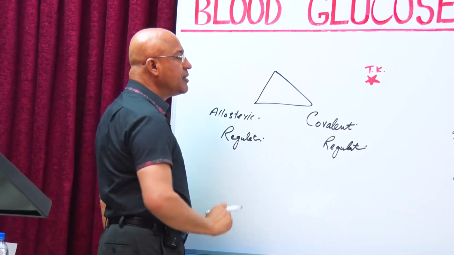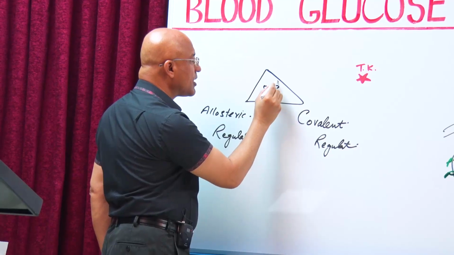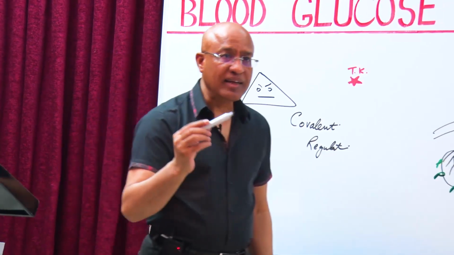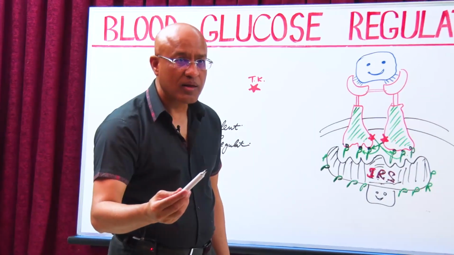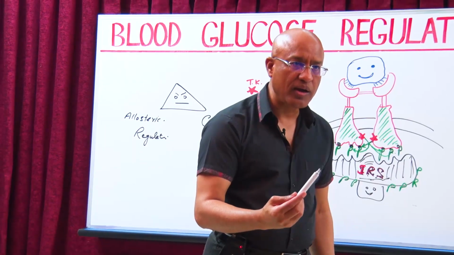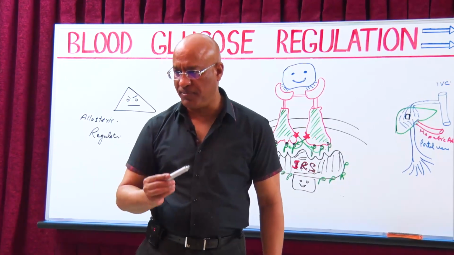And the third way to alter the enzyme function is to either increase enzyme catabolism or increase enzyme synthesis. In this way, you actually alter the amount of enzyme.